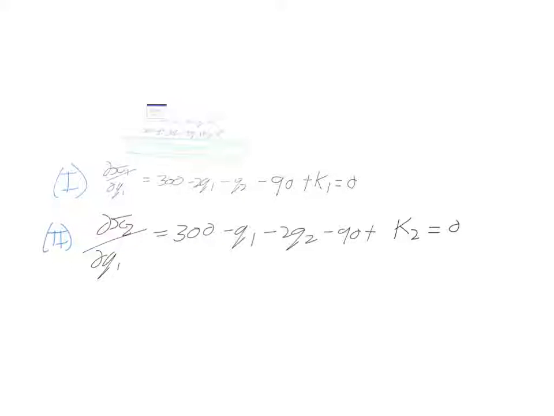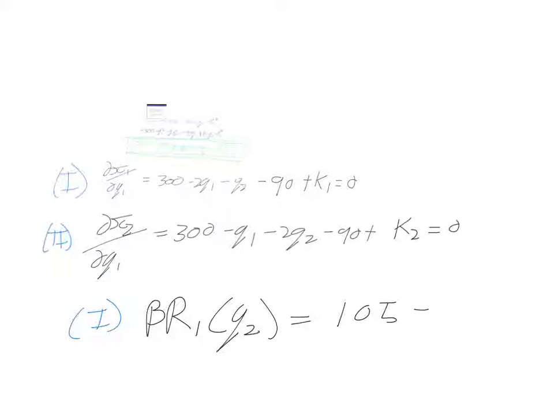If you were to rearrange these two equations, equation 1 and equation 2, so rearranging equation 1, we're just getting the best response function here, just because it asks us to, although you don't strictly speaking need to. If you were to rearrange it, it just becomes 105 plus K1 minus Q2 on 2.